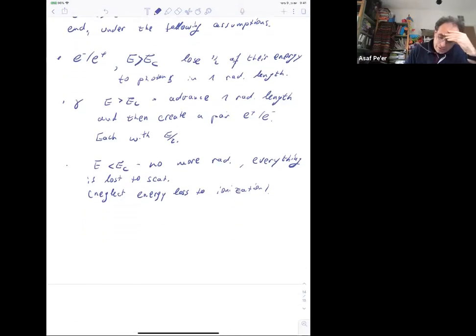So let's assume that the shower starts with a single particle having energy E0.